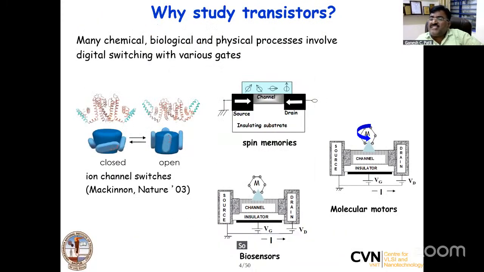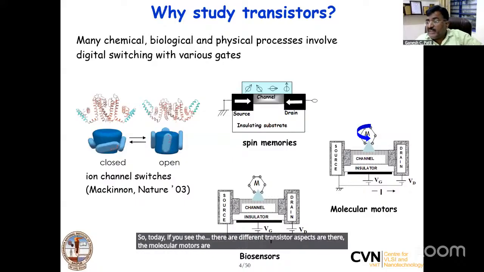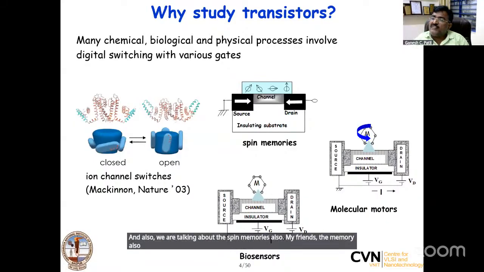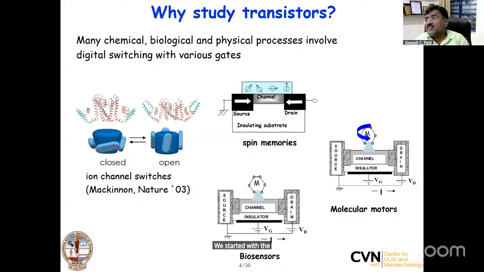So today, if you see, there are different transistor aspects. The molecular motors are there. Today we are using biosensors, and we are also talking about spin memories. My friends, in memory also there is a lot of revolution and innovation happening. We started with the 6 transistor cell, which was SRAM.